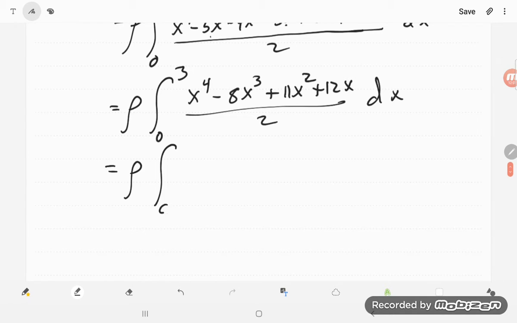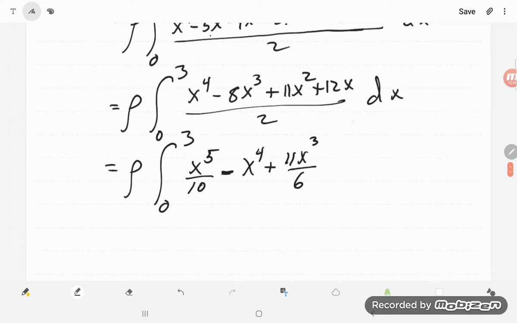And so this is rho times the integral from 0 to 3 of, let's see, what do we have? x to the 5th over 5, but also over 2, so over 10, minus, we'll have a 4, x to the 4th, and then divide by 4, so we'll have an 8 divided by 8, so this is just x to the 4th, and then plus 11x cubed over 6, because we have 3 times 2 there, and then plus, we'll get an x squared, but end up dividing by the 2 there and the 2 from the x squared rule, and so that's 3x squared.